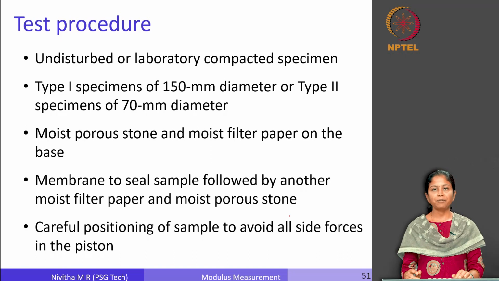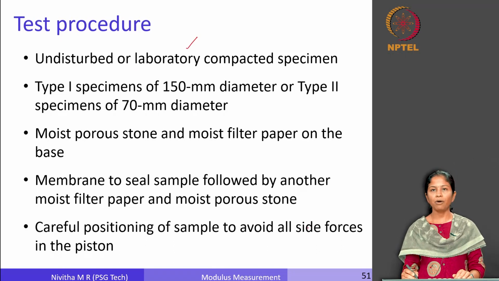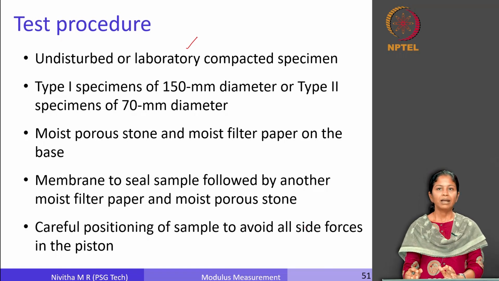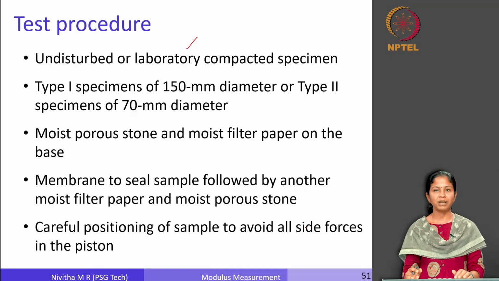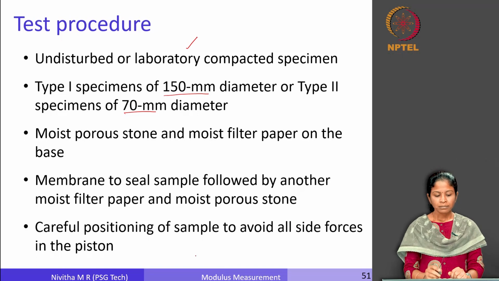Now what is the test procedure associated with measurement of resilient modulus, right. So again this test could be done on undisturbed specimen or laboratory compacted specimen. If it is an undisturbed specimen, we can take it directly from field like I explained in the morning for CBR test, and then we can use it for testing. And as I said, type 1 specimens are 150 mm diameter and type 2 specimens are 70 mm diameter.